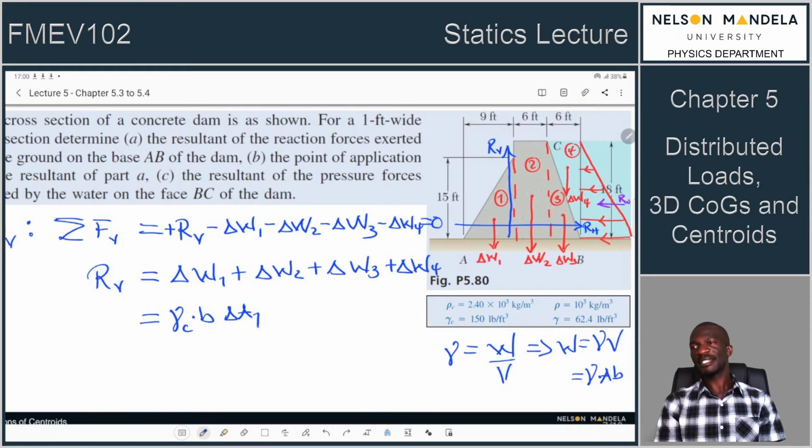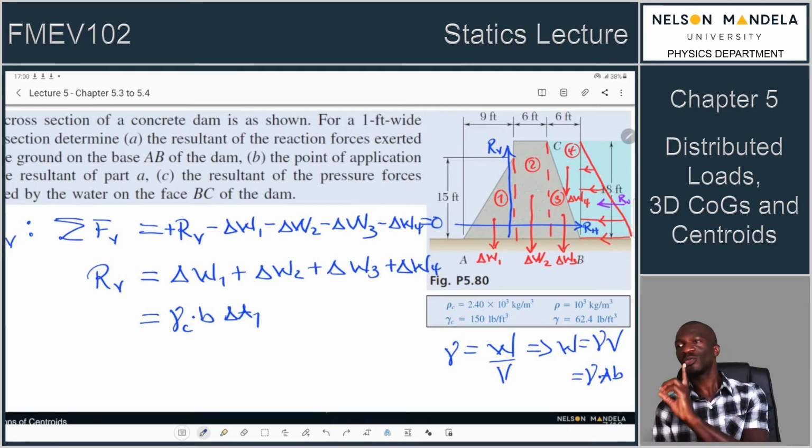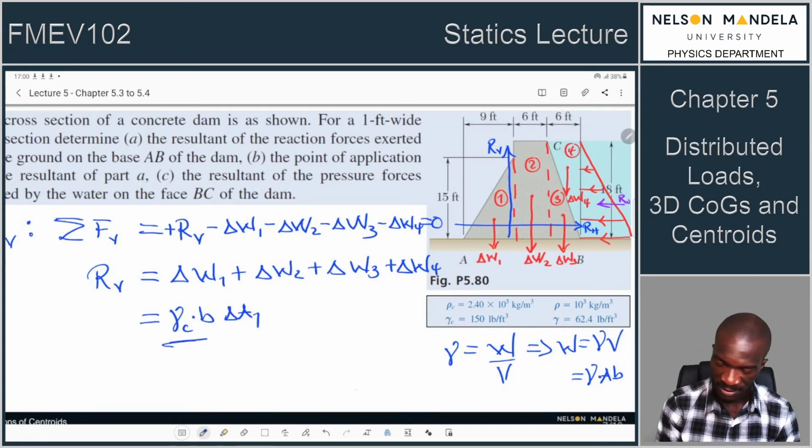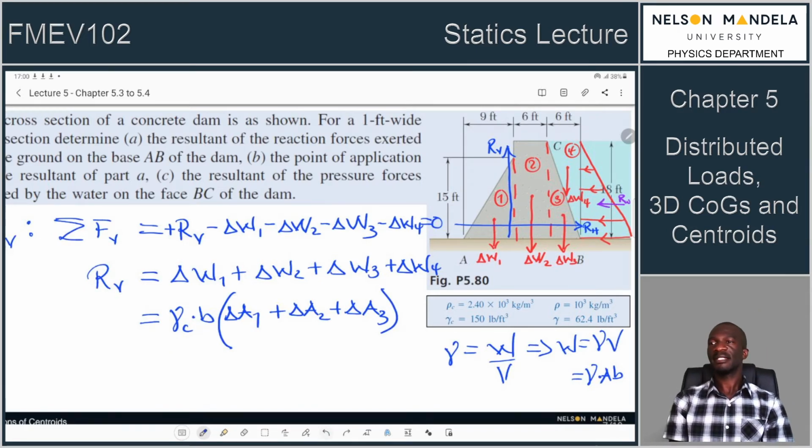Do you notice that for sections 2 and 3, we will actually have the same term? So we can open a bracket here, plus delta A2 plus delta A3, because all of them are made of concrete, all of them are B wide.